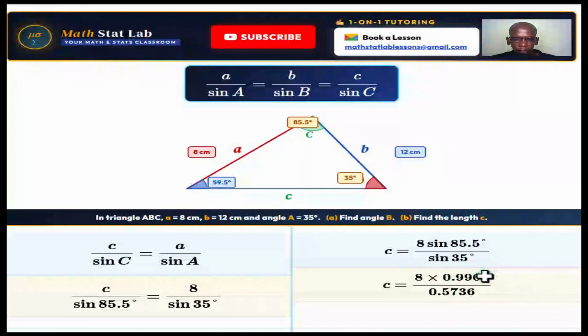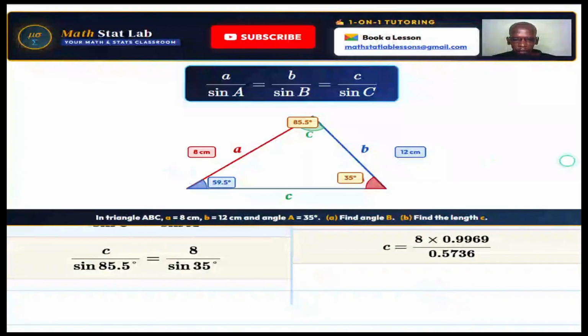Then divided by the sine of 35, which we had found earlier, was 0.5736. Then from there, this is just normal multiplication, which now becomes C equals 13.9. We can just try it in the calculator.